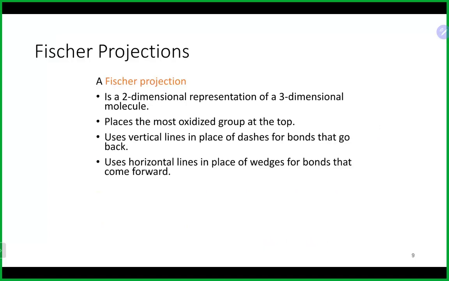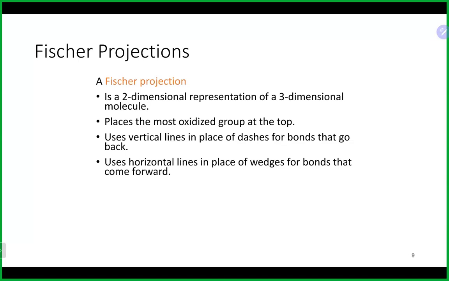Now, Fischer projections are basically two-dimensional drawings that represent the three dimensions of the molecule. What goes up on top is the most oxidized group. We use vertical lines for bonds that go behind the paper, if you will, and sometimes dashes to indicate that it's going backwards behind the paper.